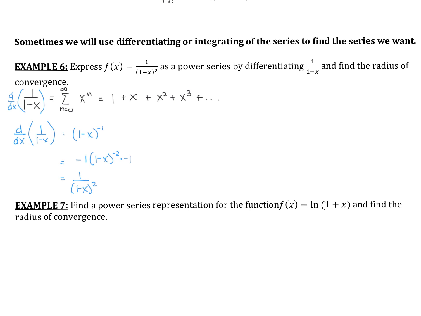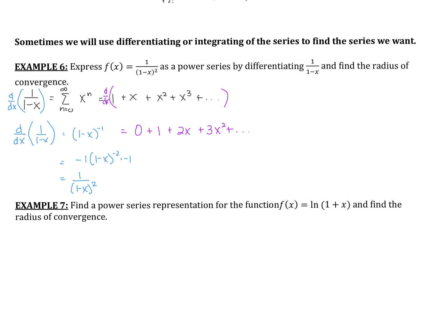Okay, going back up to the top, if I then take the derivative with respect to x of all of these terms, my first derivative would be 0. My next derivative would be 1. My next derivative 2x. My next derivative 3x squared, and so on. Do you agree with that?